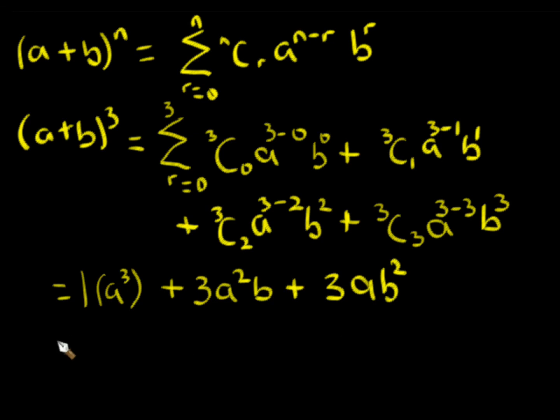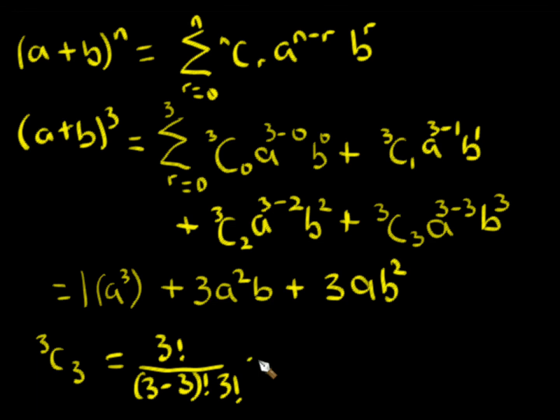Let's evaluate that quickly. 3 combination 3 gives us 3 factorial divided by 3 minus 3 factorial multiplied by 3 factorial. So this gives us 3 factorial divided by, 3 minus 3 here gives us 0 factorial.